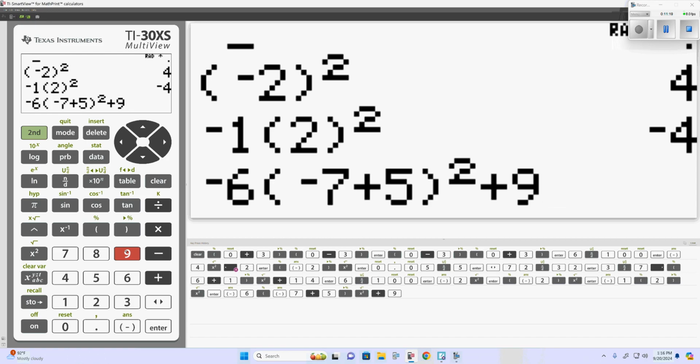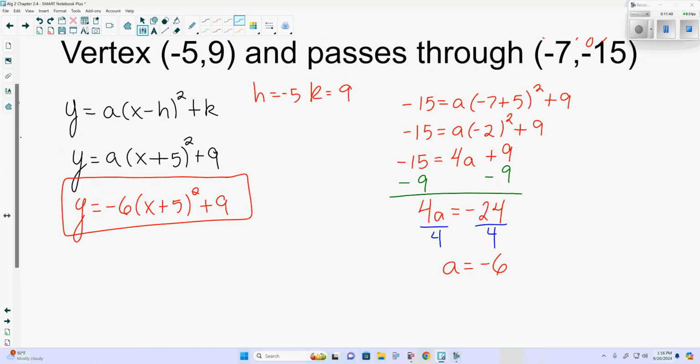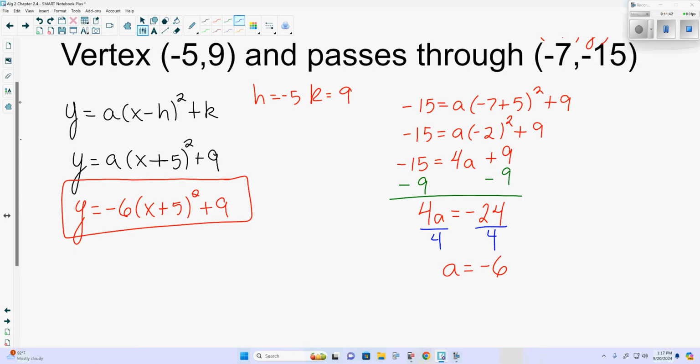That's the point they told us, yes? So if I take our equation and plug it back in, that's negative 13. That's still the point, so that's the correct equation. We just plug the point back in. Does it give us the correct y value out? If it does, then it's the right equation. Questions on this here?